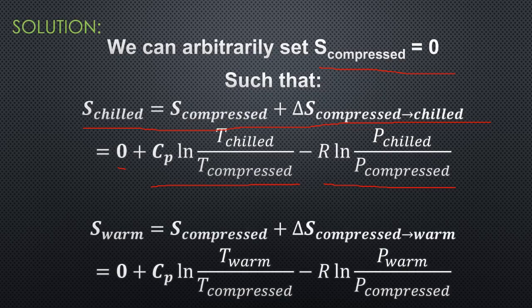Similarly, S warm is equal to S compressed plus the delta S from the compressed state to the warm state. S compressed is equal to 0, and the delta S is Cp ln T warm over T compressed minus R ln P warm divided by P compressed.